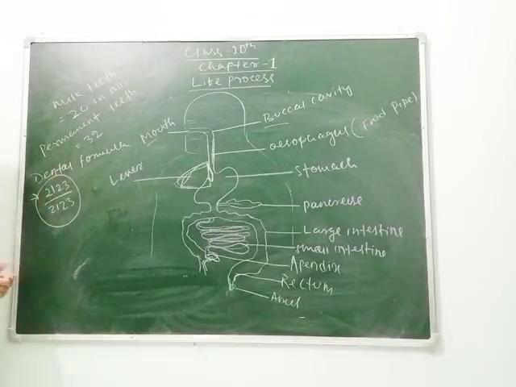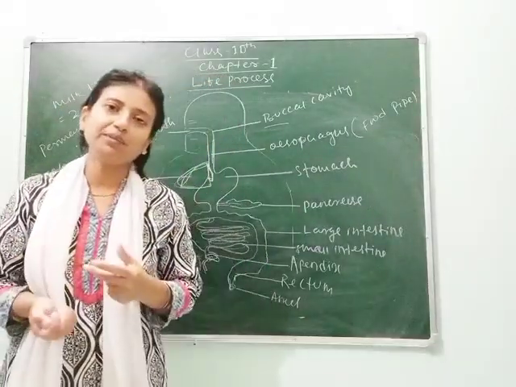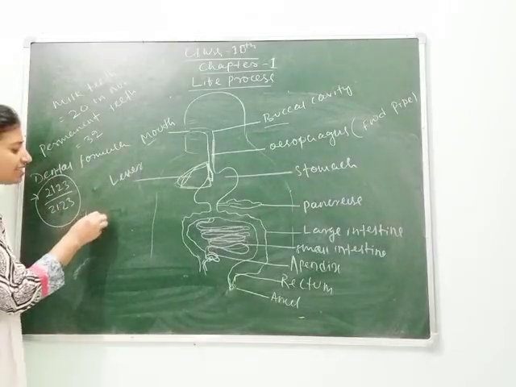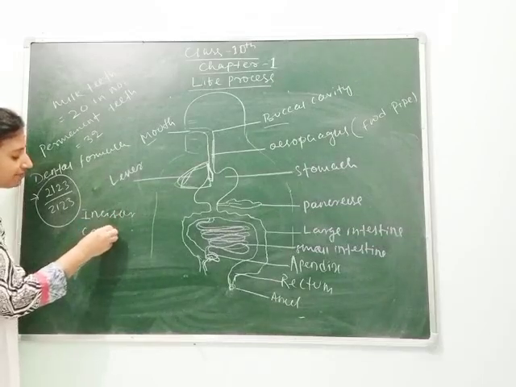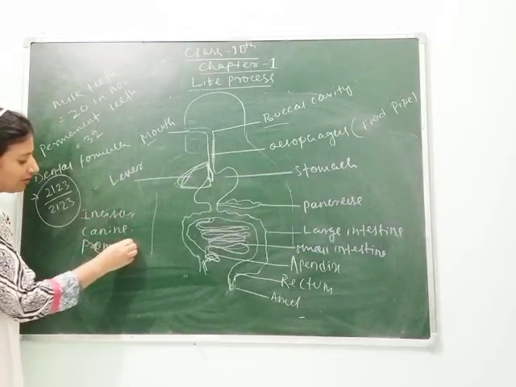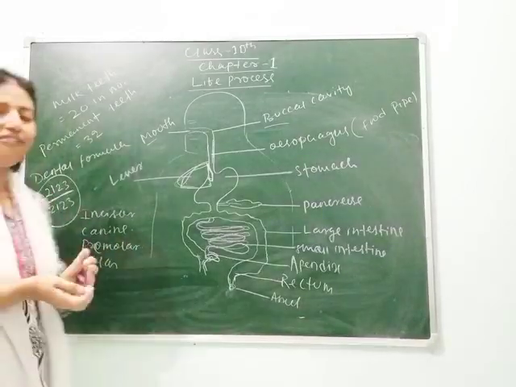As we know, we have 4 different types of teeth for chewing food. These 4 types are incisor, canine, premolar and molar.